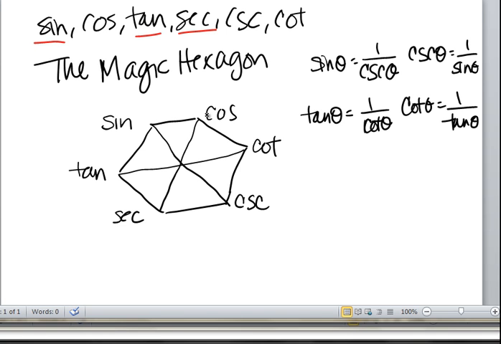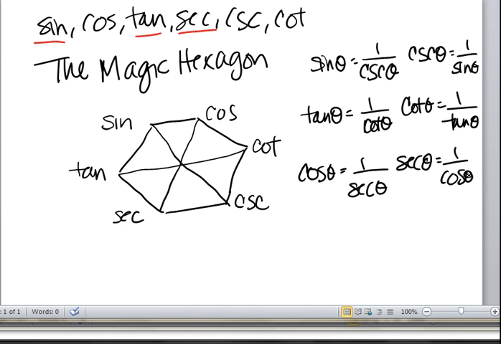And similarly, cosine and secant are reciprocals. So cosine of theta is 1 over secant of theta. Similarly, secant of theta is 1 over cosine of theta. Okay, so this is a quick way to remember your reciprocals.